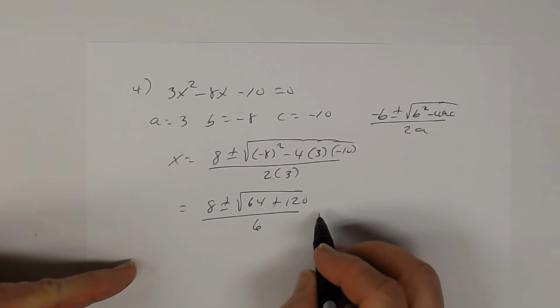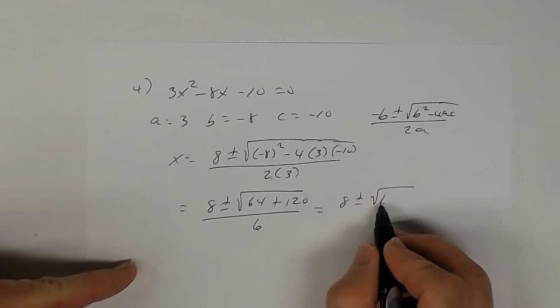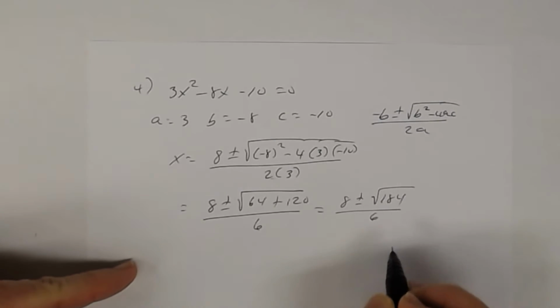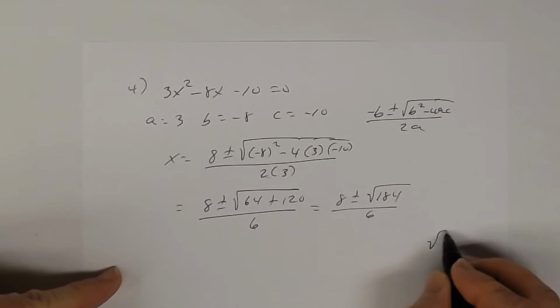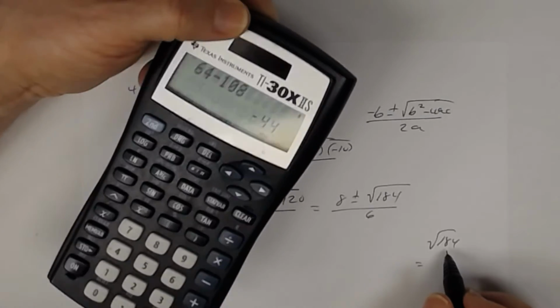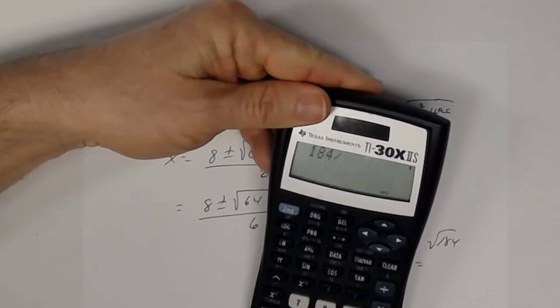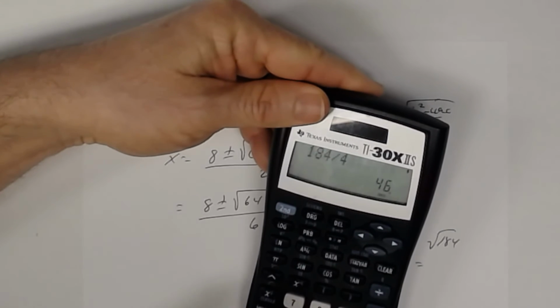Now 64 plus 120 is going to give us 184 divided by 6. All right, let's talk about this 184. Let's see if we can simplify this, square root of 184. So think about the largest perfect square that goes into 184. So let's try 4. 184 divided by 4, I get 46. All right.